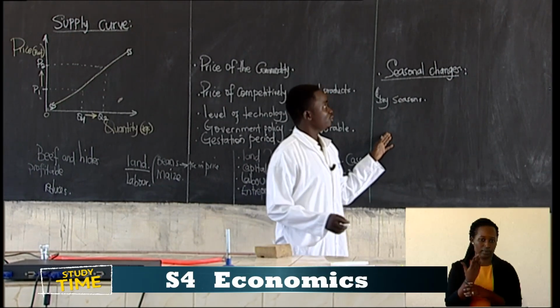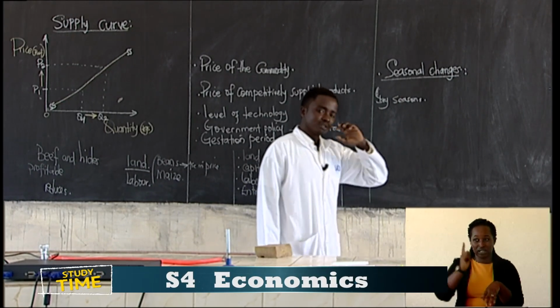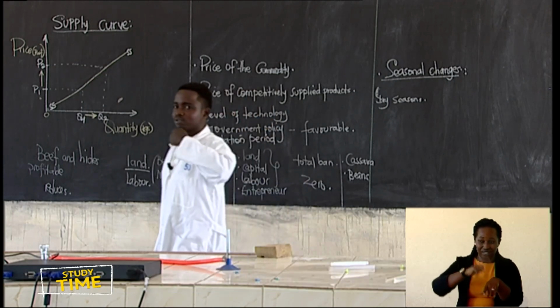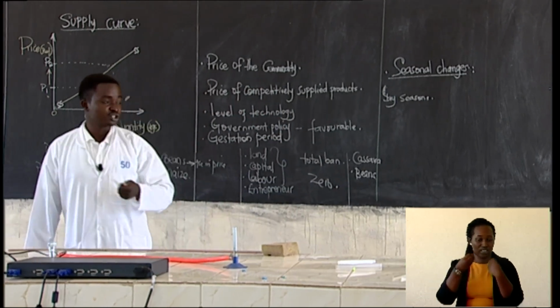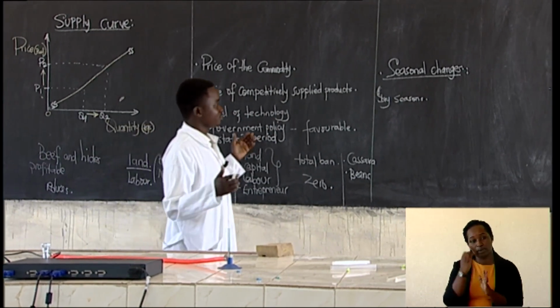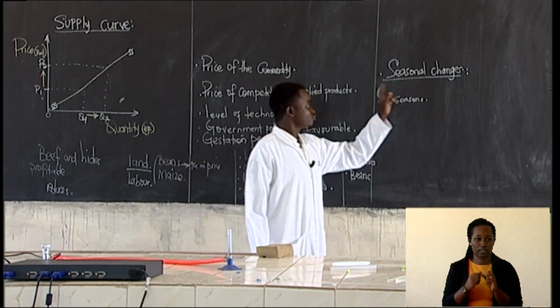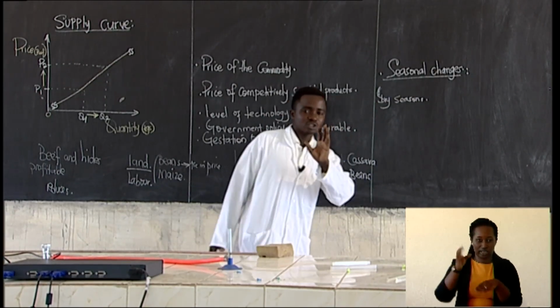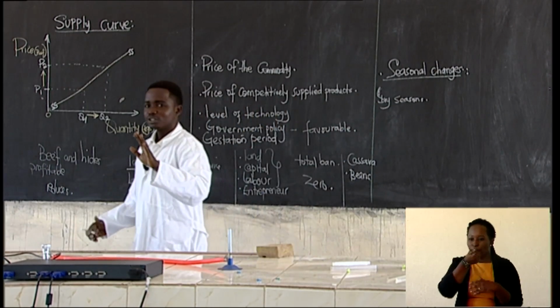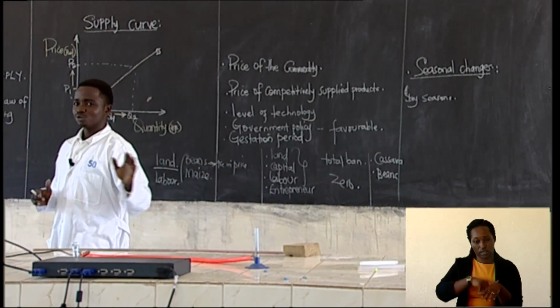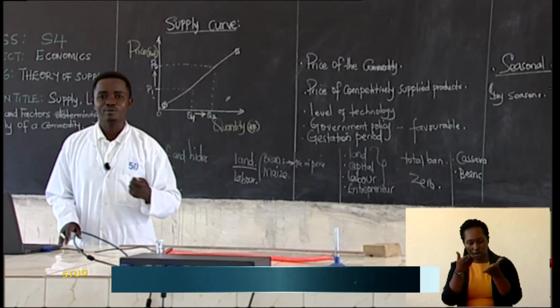So unfavorable seasonal changes, like dry or hot seasons, may not increase the supply of certain goods, because the conditions available are unfavorable.